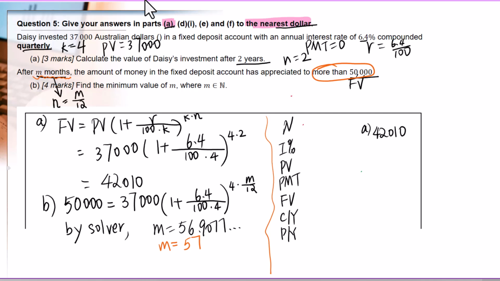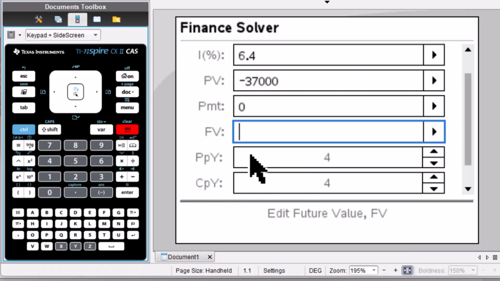For B, PMT is still 0, 4, 4. Future value is $50,000. PV is still negative $37,000, 6.4. We are looking for this N. CY, PY still both 4.